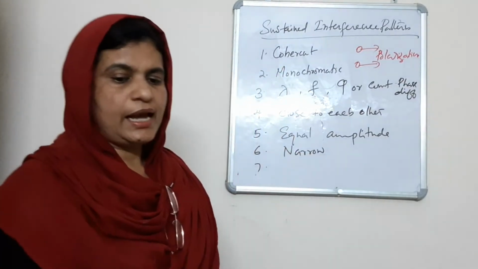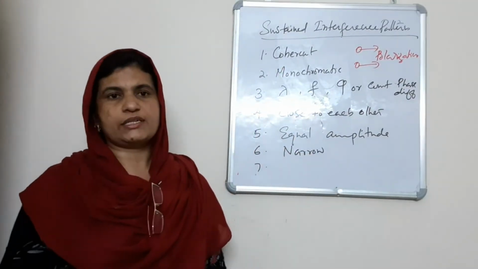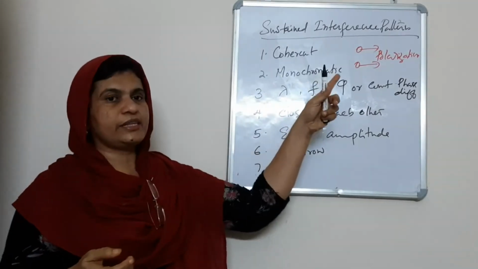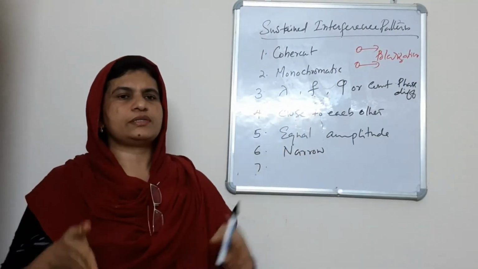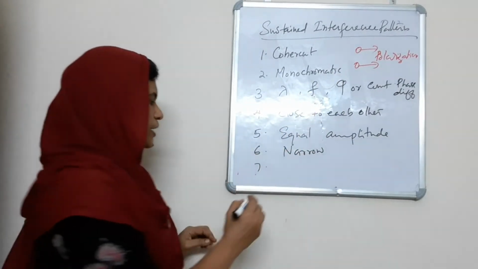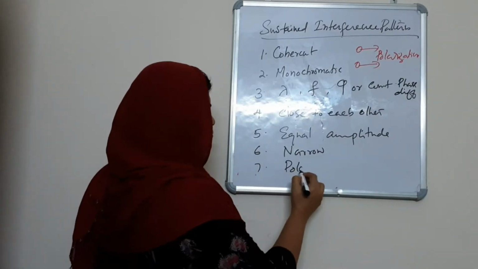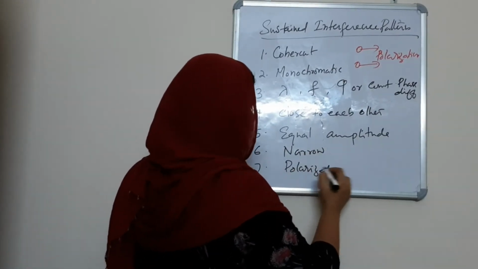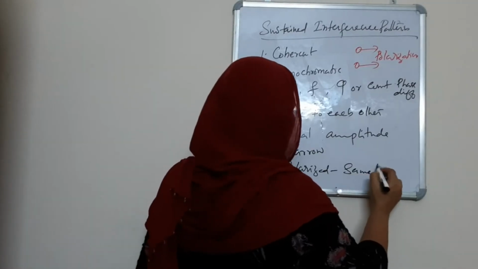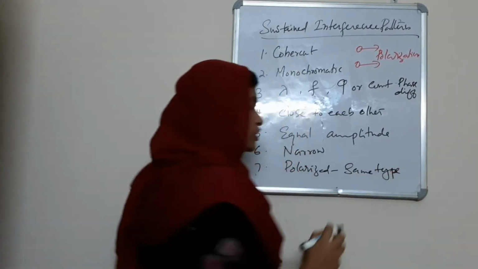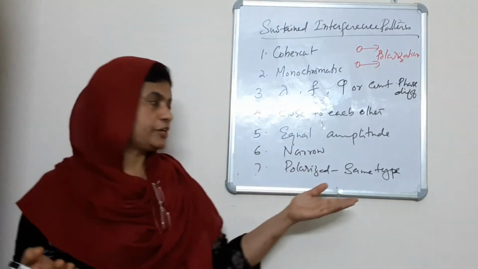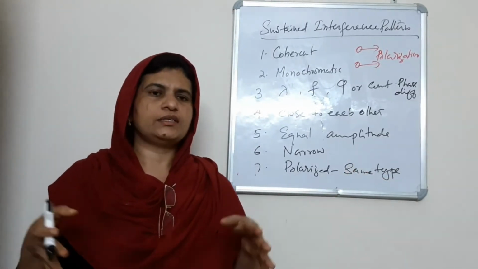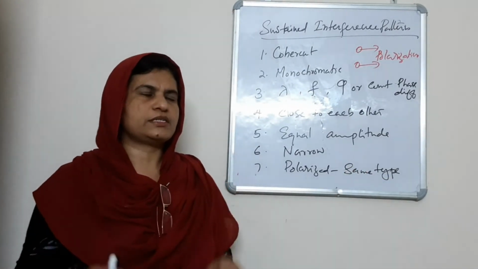If the lights are polarized, they vibrate in only one direction. If they are polarized lights, if these two sources we are using are sources of polarized light, then they should be of the same type. There are different types of polarization, and these two light waves should be of the same type of polarized light.